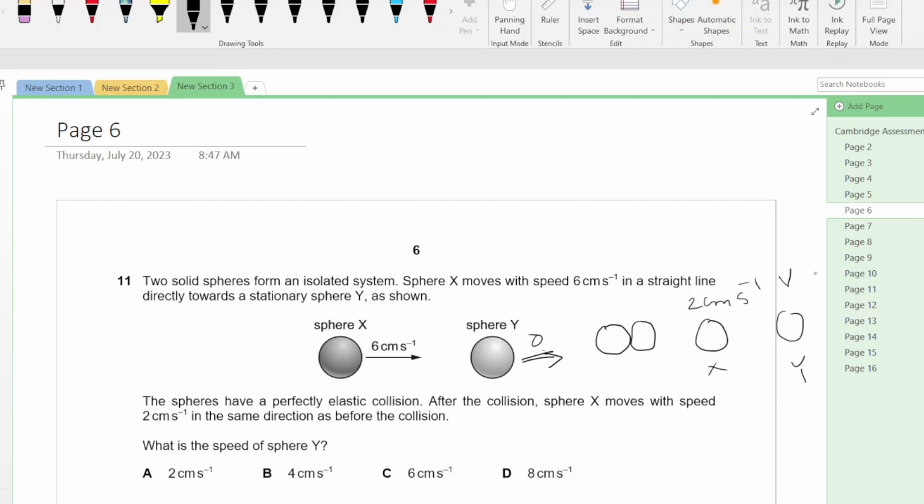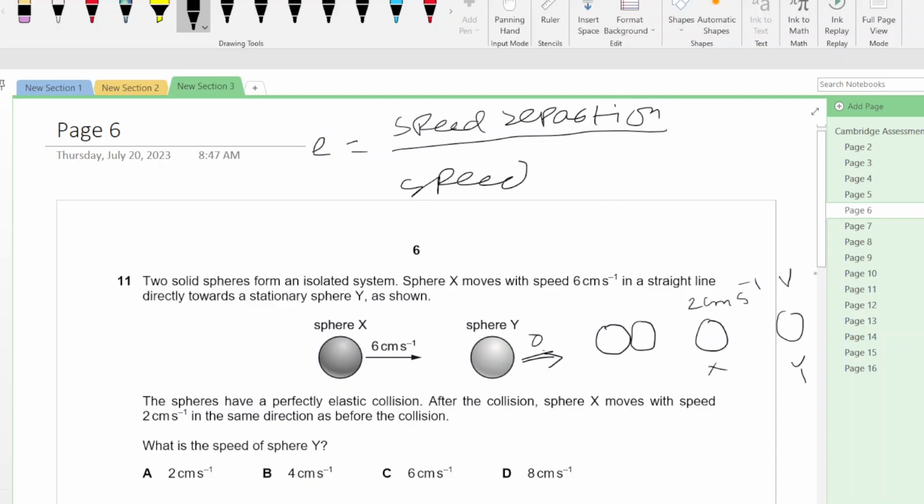In this case, Newton's law of restitution, in fact the coefficient of restitution represented by small e, equals speed of separation divided by speed of approach.